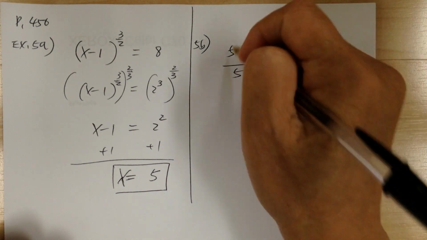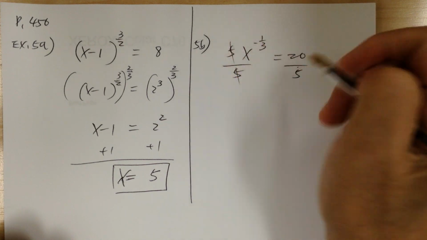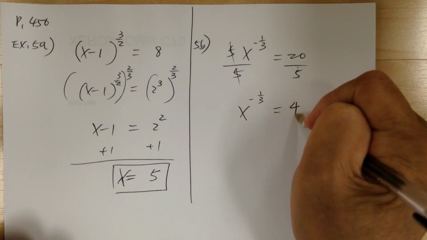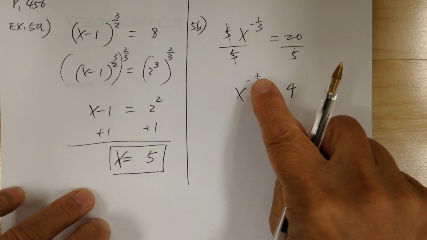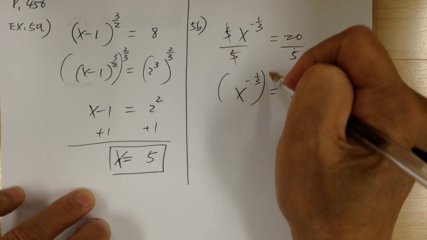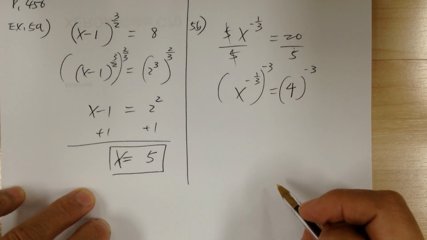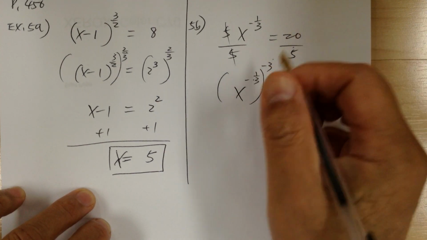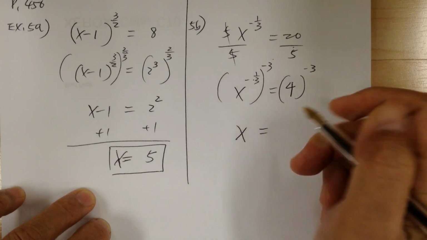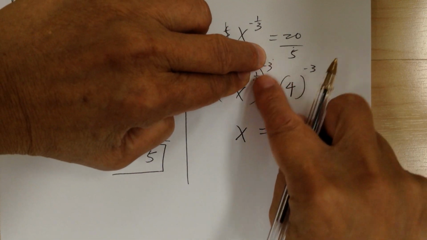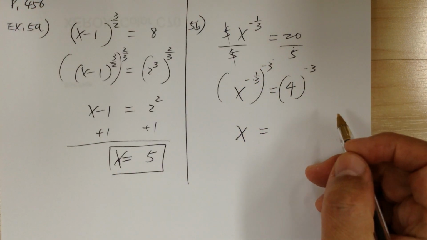So you divide by 5 so that this cancels out, and you get x to the negative 1 over 3 is equal to 4. Now to undo that, I'm going to raise it to the negative 3 power, so that this will cancel out. So x will equal, negative 3 times negative 1/3, the negatives cancel out, and 3 times 1/3 equals 1.